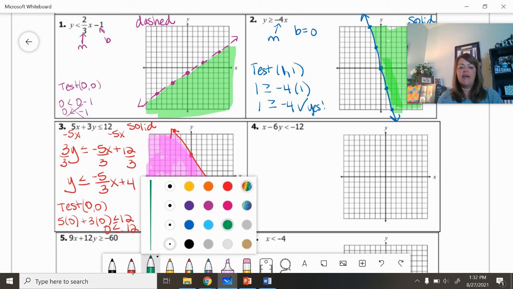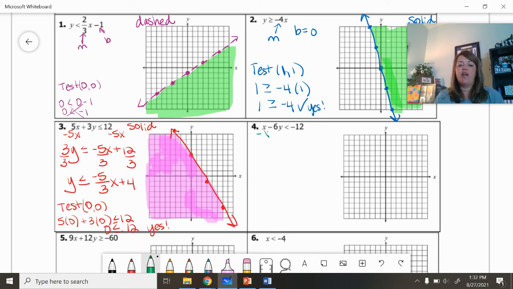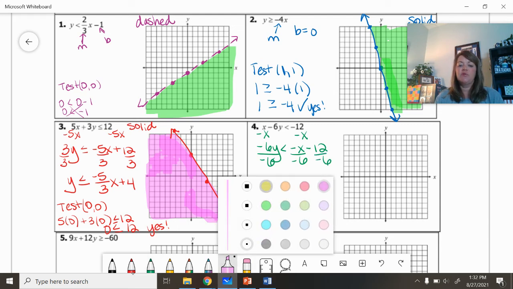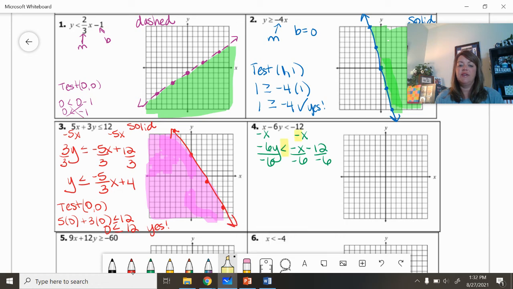It says x minus 6y is less than negative 12. So the first thing I'm going to do is subtract the x. So negative 6y is less than negative x minus 12. Now I've got to divide by negative 6. And when we divide by a negative, that's when we have to remember to flip the sign, okay? Because I'm dividing by a negative number, negative 6.